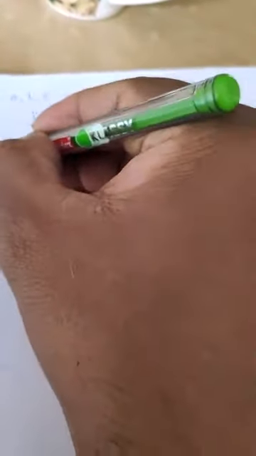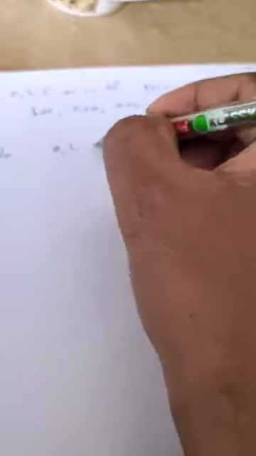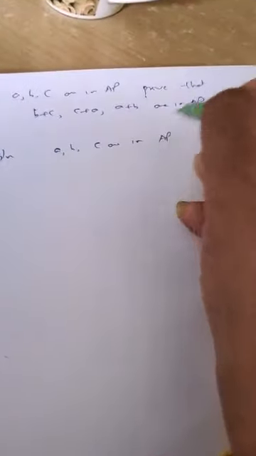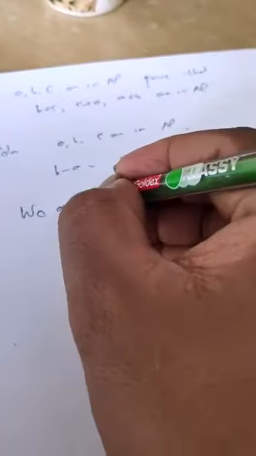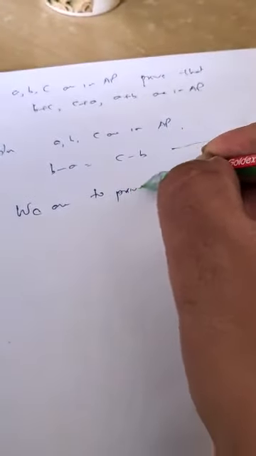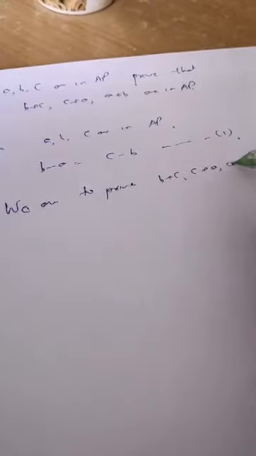Now, solution. A, B, C are in AP. Same method. B minus A equals C minus B. So this is number 1. We have to prove B plus C, C plus A, A plus B are in AP.